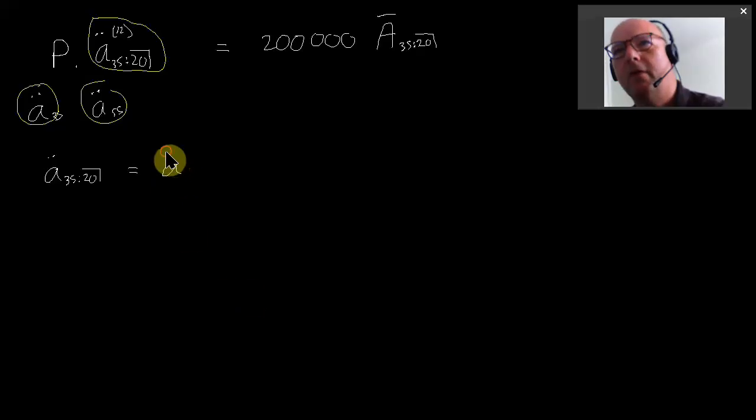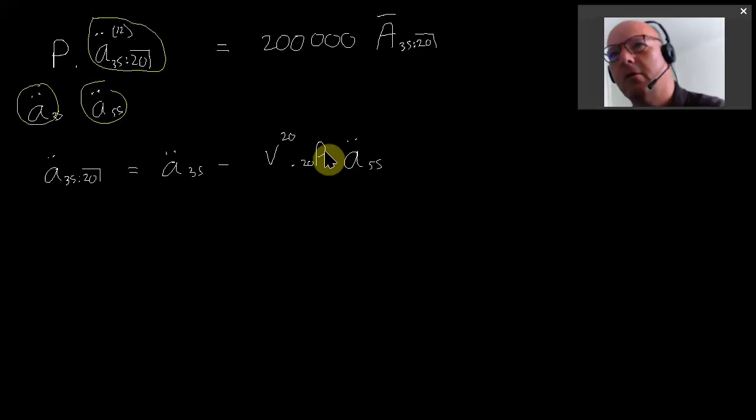So whole of life from 35, take away whole of life from 55, but that 55 is 20 years in the future, so I'm going to discount that by 20 years of interest rates and the 20 years of survival probability. Okay. Then, so that's giving me ä35:20.